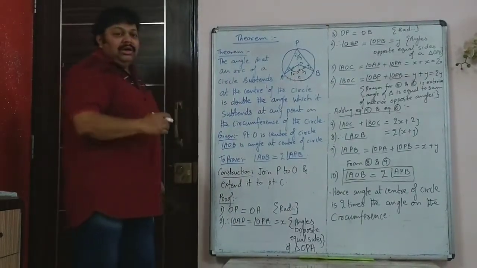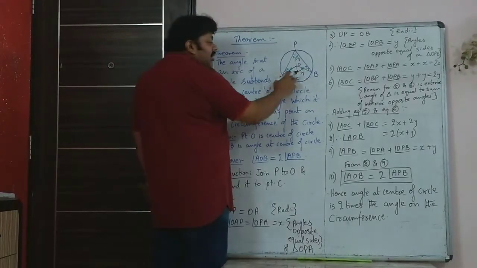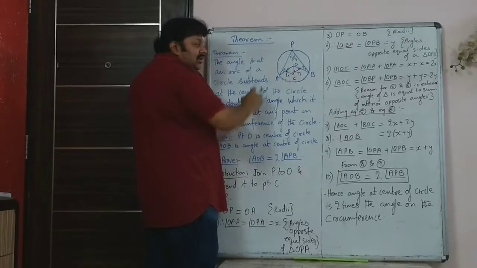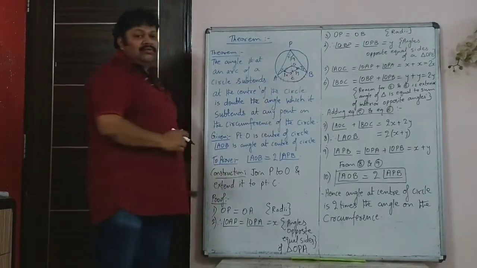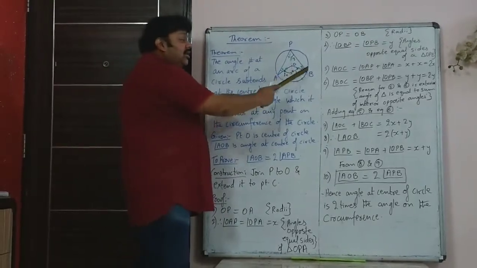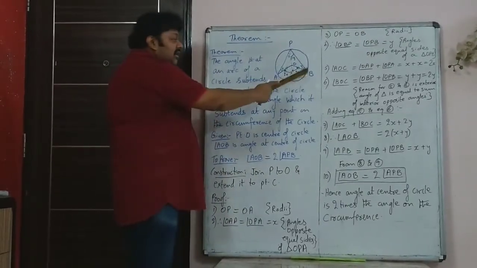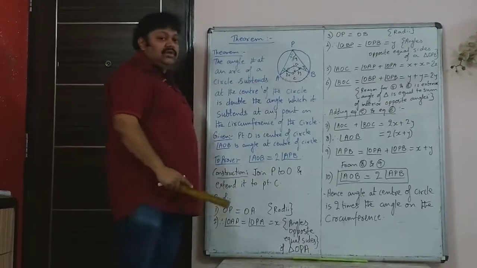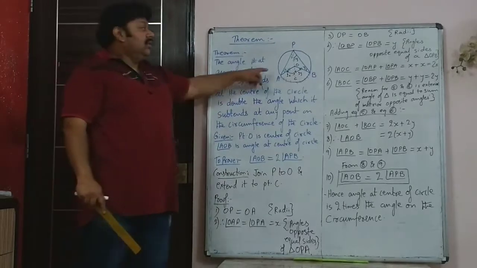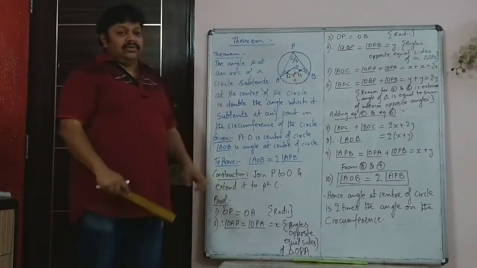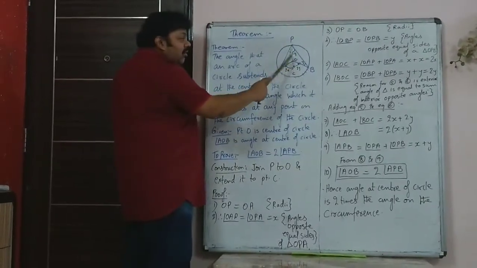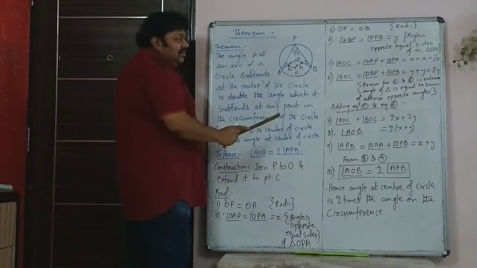A and B are the endpoints of the arc AB and AB is the chord which is making the angle AOB at the center and APB at the circumference. So it has to be the same endpoints of the chord, with one angle at the center and one on the circumference. Then the angle at the center, we need to prove, is 2 times the angle on the circumference. Now let's assume this angle APO is x.